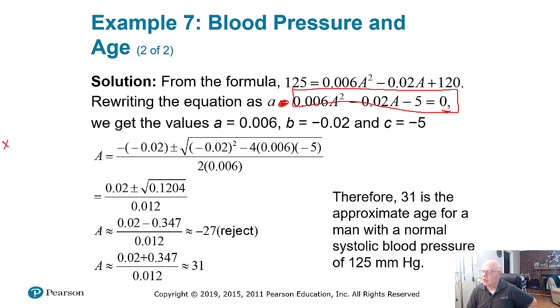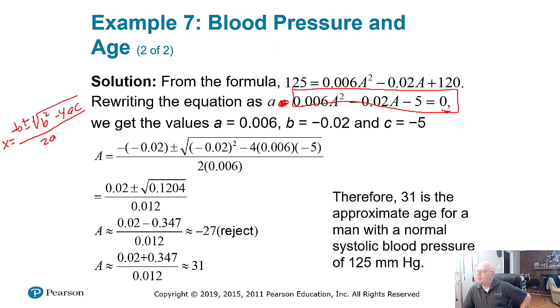Just a gentle reminder: minus B plus or minus square root of B squared minus 4AC all over 2A. Put those numbers in and you're in business.